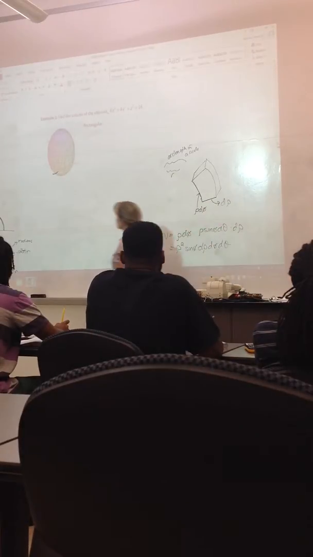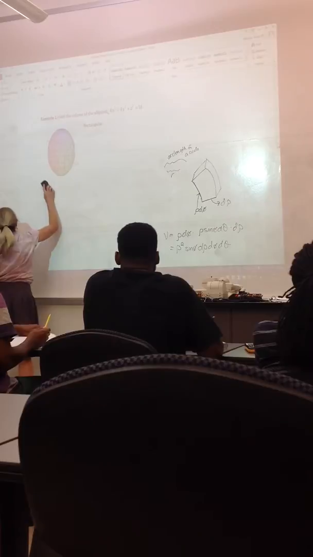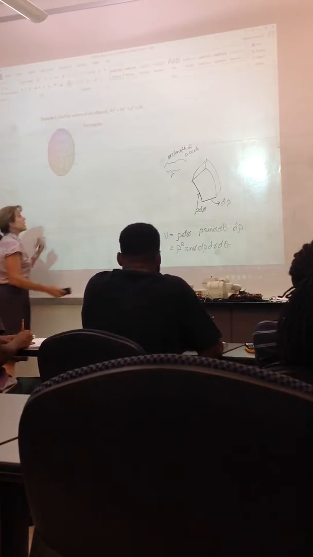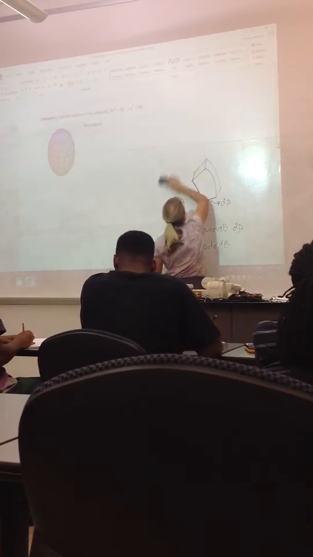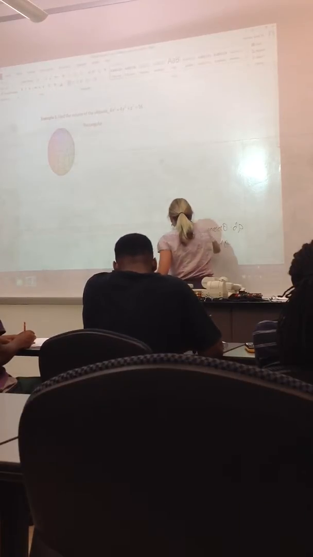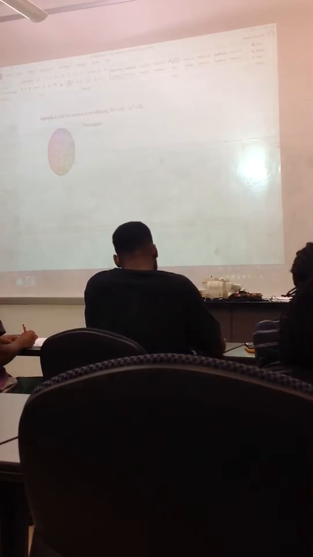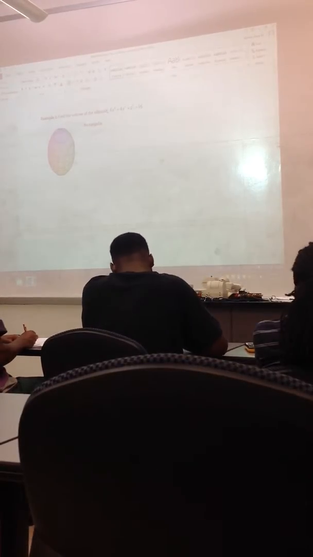Okay, so our first example, we have an ellipsoid, and we are going to set them up. I'm going to first just focus on how to set them up correctly, and then we can pick out some to work out.